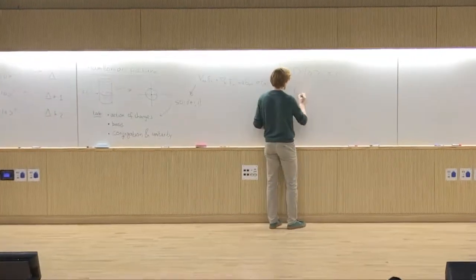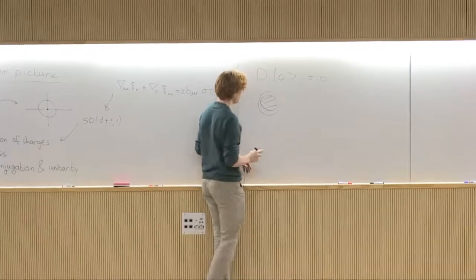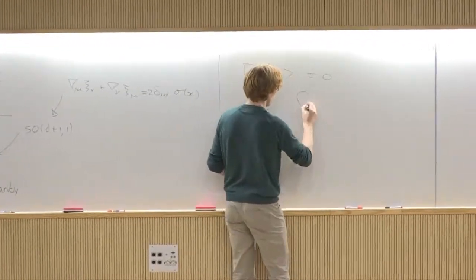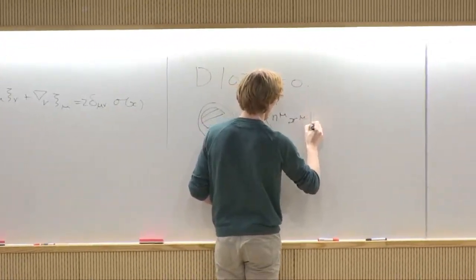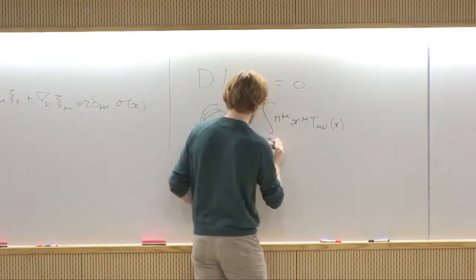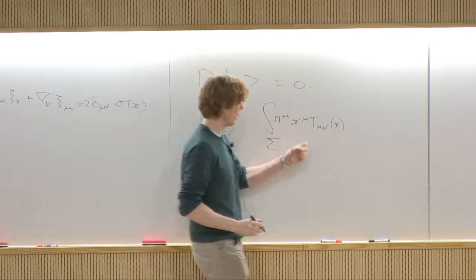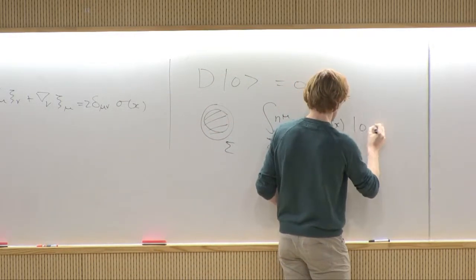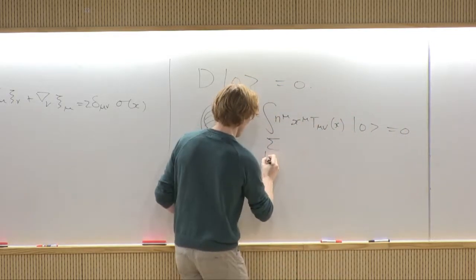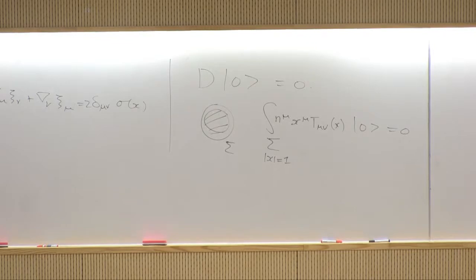So this is the integral, in radial quantization, over the surface sigma of n^mu x^nu T_{mu nu}(x) acting on 0, where sigma is the surface defined by |x| equals 1. This is also a good question and something I actually wanted to get to, so let's do it now.